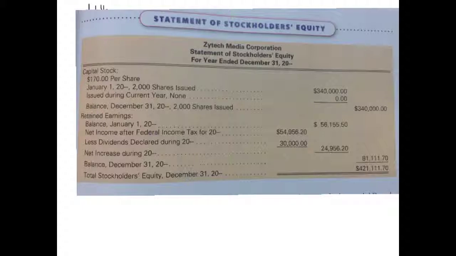And then when you do your own, you just look on your worksheet, we'll pull it off of there. So that was from last year. This year then, the company had net income after federal income tax of $54,956, and that comes off of line 74 of the worksheet, so down at the very bottom, how much money we made after taxes.